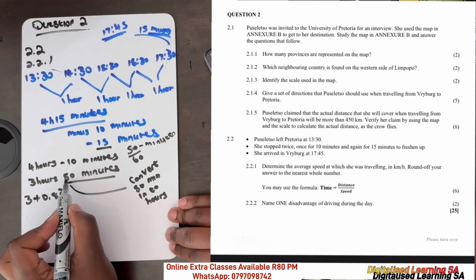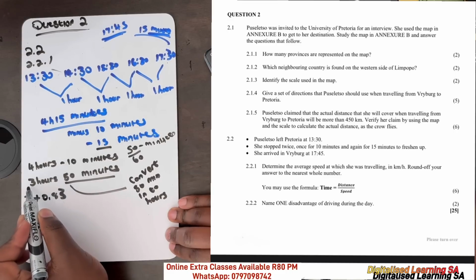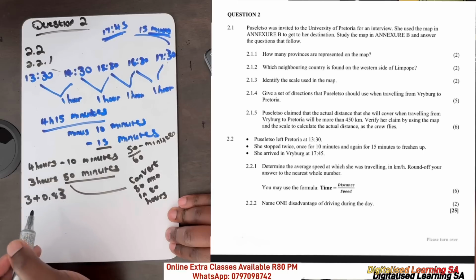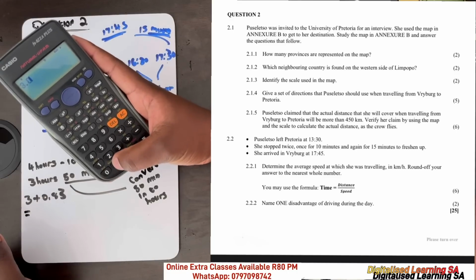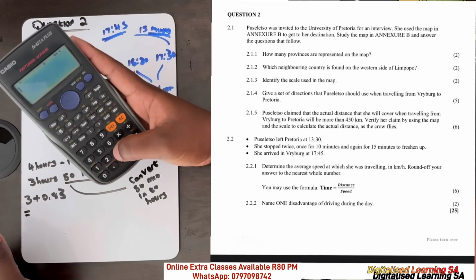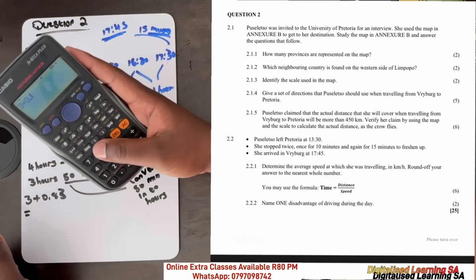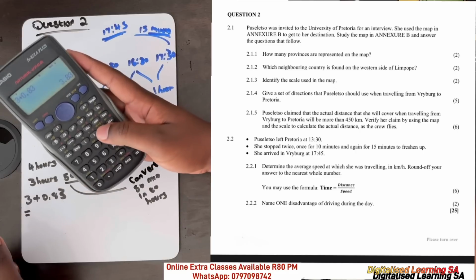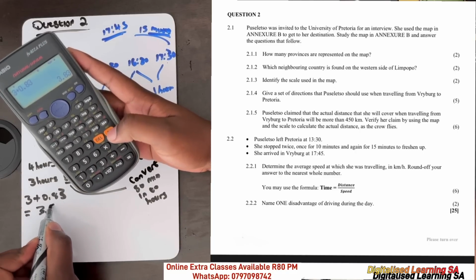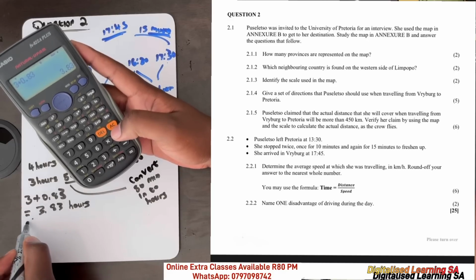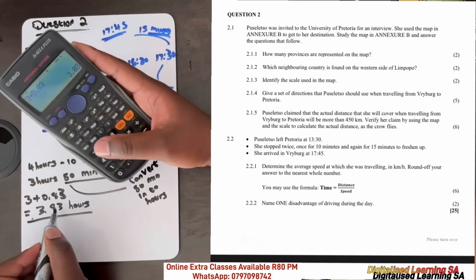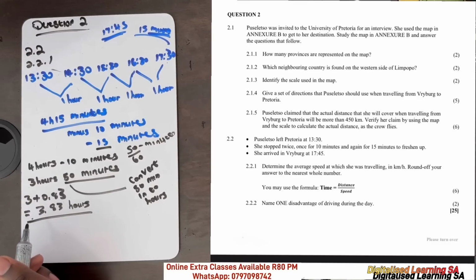Okay, because we only took the 50 minutes and we left the 3 hours because it is already in hours, meaning that in total we will have 3 plus 0.83, which will be 3.83 hours. So we can say it took 3.83 hours to travel from Pretoria to Vryburg.